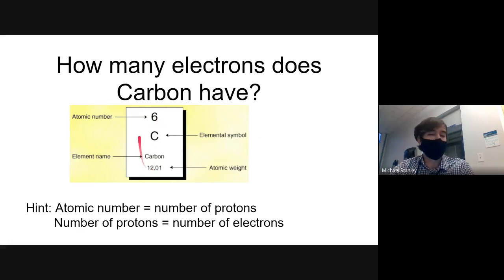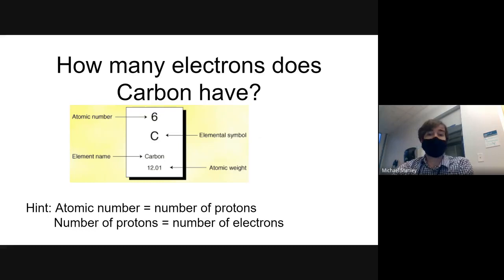So if you do 12 minus 6, you get 6. So carbon is one of a handful of elements that has the same protons, neutrons, and electrons. It has 6 protons and electrons because its atomic number is 6. And it has 6 neutrons because the weight is 12 and the number is 6. So 12 minus 6 is 6.